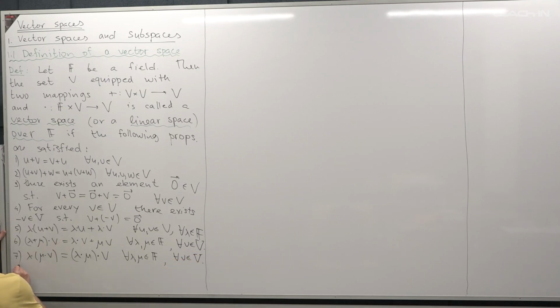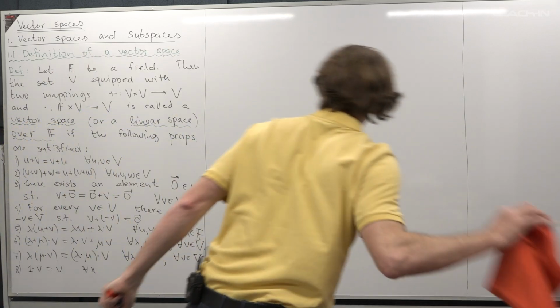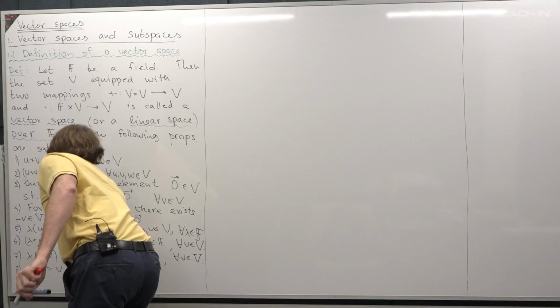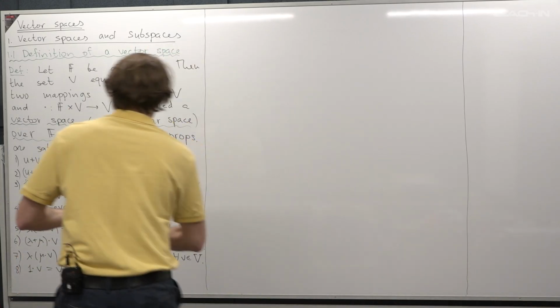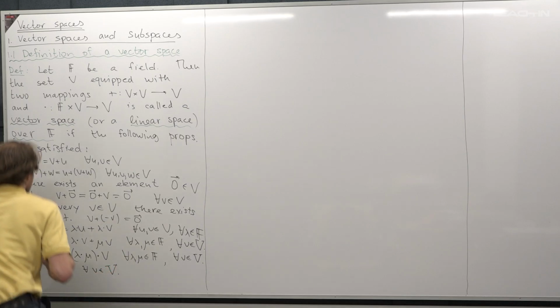And the last property states that if we take the multiplicative identity from the field and multiply it by a vector v, we get v, for every v lowercase from V capital.